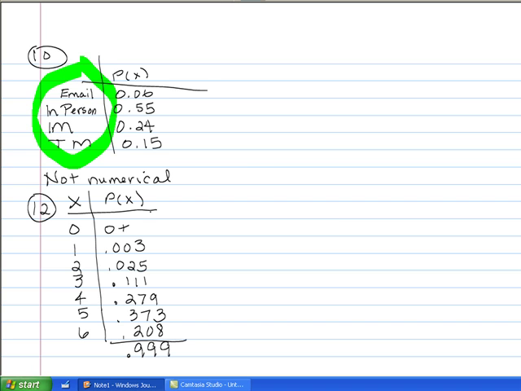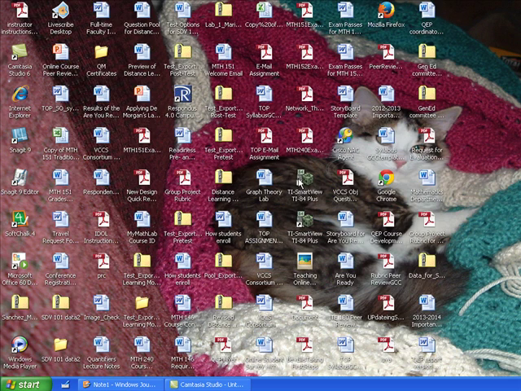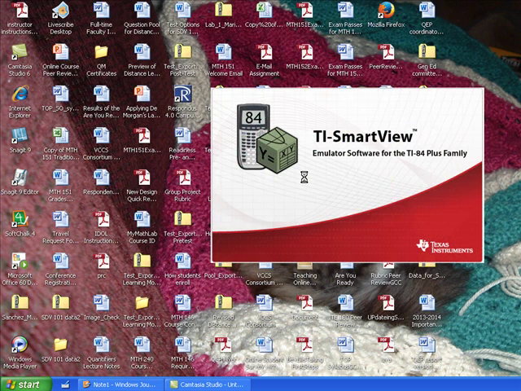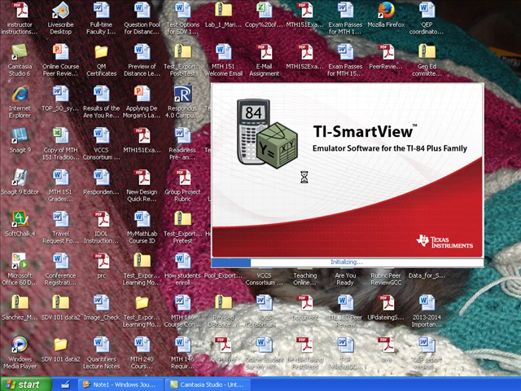So I'm going to go to the calculator, the TI-83 or 84 plus. They both work the same way, basically. Notice some of the newer ones have a few screens that are a little bit different, but for the most part they work the same way. And what we're going to do is use the stat button.